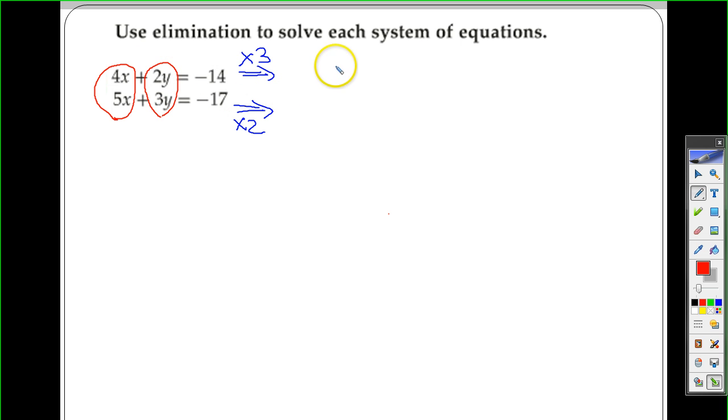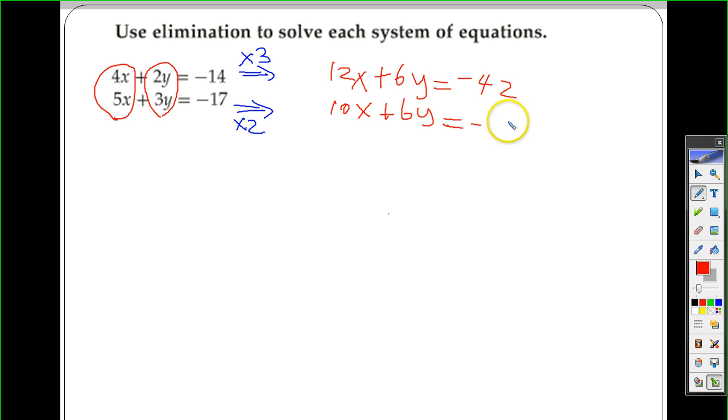Multiply everything by 3. 12x plus 6y, negative 42. Bottom portion, multiply by 2 everything. 10x plus 6y equals negative 34.